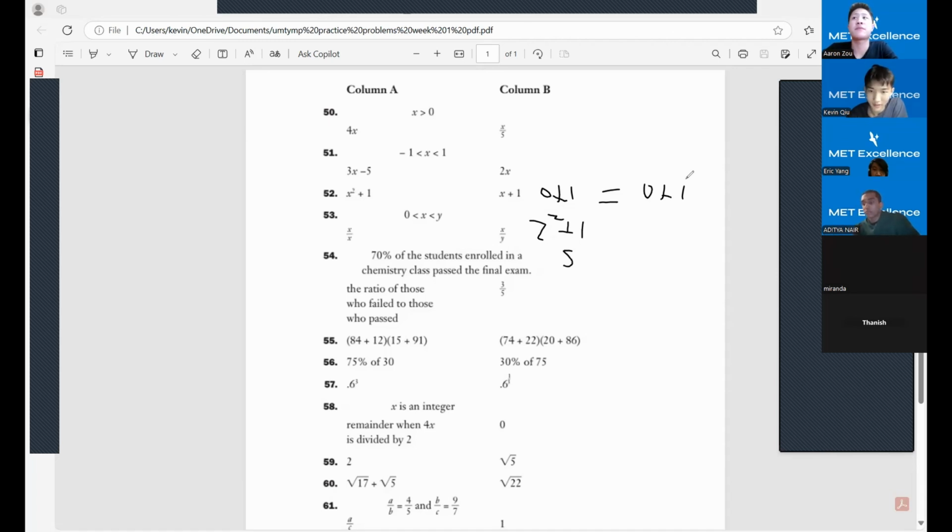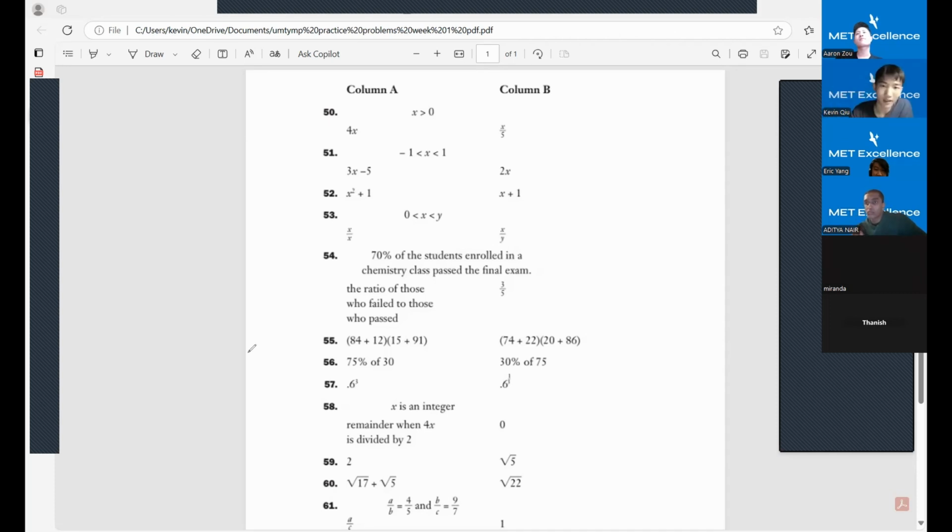And on the right side, we have 2 plus 1, which is 3. And since 5 is greater than 3, there's also a case where A is greater than B. So since there are situations where it's greater and also situations where it's equal, we actually cannot determine the correct answer from the information given, and so the answer is D.